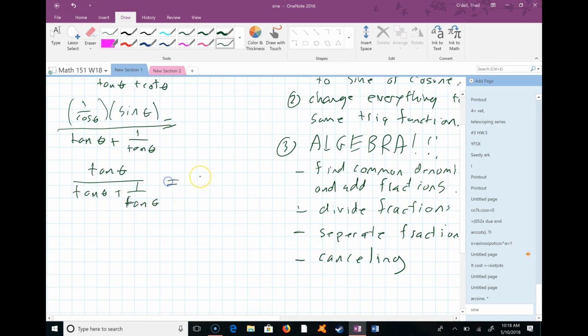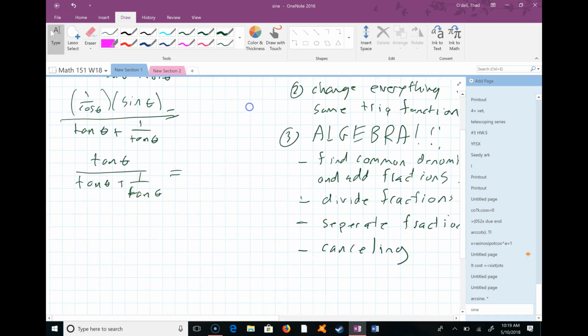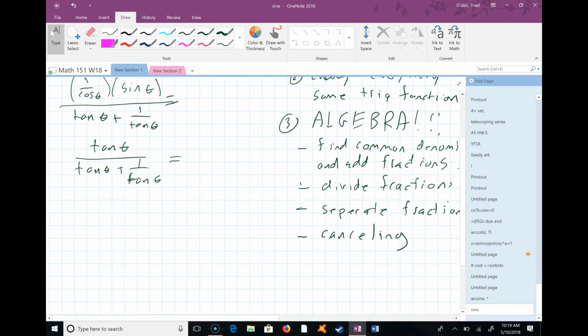And now we've achieved the coup d'etat. We've got everything into one function on the left side. I forgot about the right side at this point. I don't really care about it right now. But this side is nothing but tangent. Oh, that's a rare find, yeah? No, it doesn't look any prettier really, but at least it's all tangent. So now this is where the algebra comes in. Is there something we can do here?